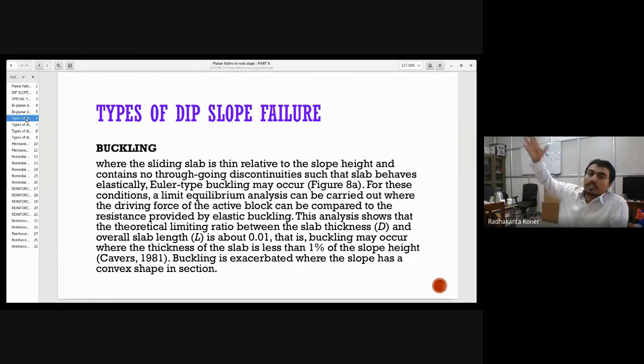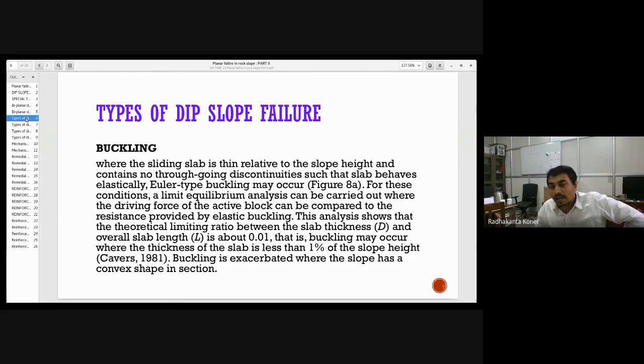Means if the height is 20 meter, one hundredth of it is 0.2 meter, that is, a 20 centimeter slab thickness with a height of 20 meter. On that kind of slope, buckling will be a reality, and this was shown by Kevers in 1981 using their case studies.